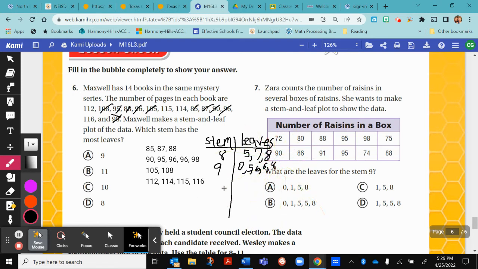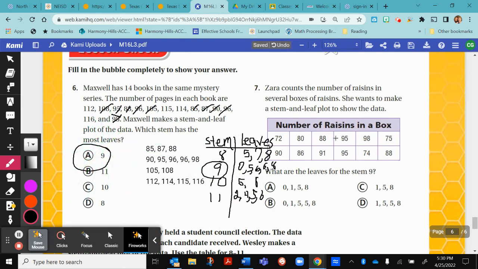That one has 5 leaves. Okay, so now I'm going to stem 10, and that only has 2, so that's 5 and 8. Then I'm going to stem 11, and that only has 4. It has a 2, a 4, a 5, and a 6. So which one has the most? There we go, stem 9. Yay! So the answer is A.